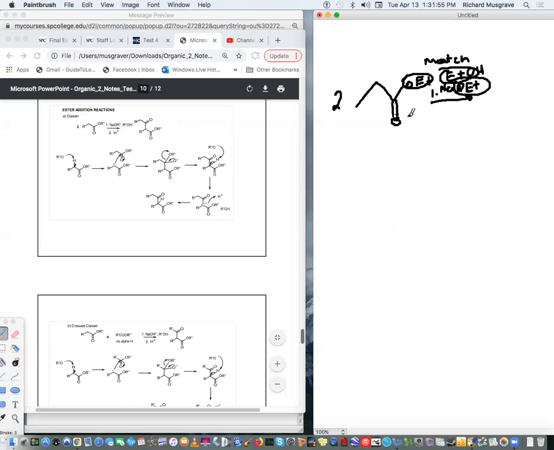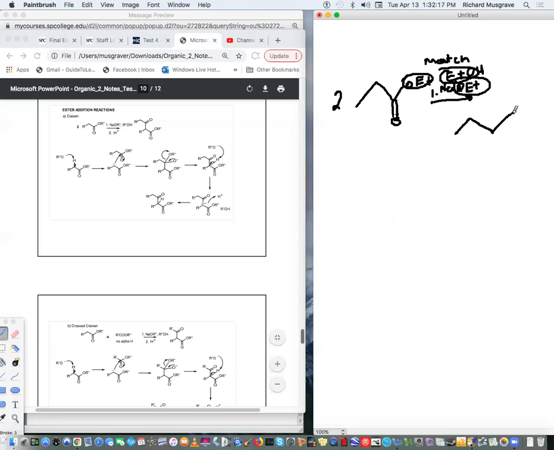If we don't do that, we end up getting transesterification, which means that this grouping could be replaced with whatever base we're using over here, if it is different. And that's not going to lead to very much fun because we'd end up getting mixtures of products.